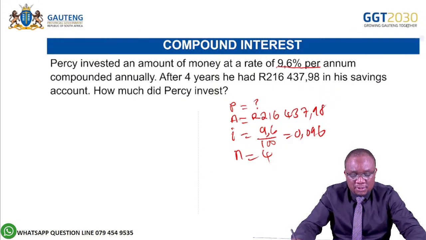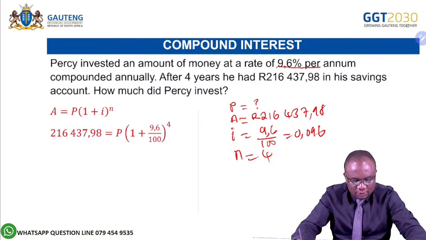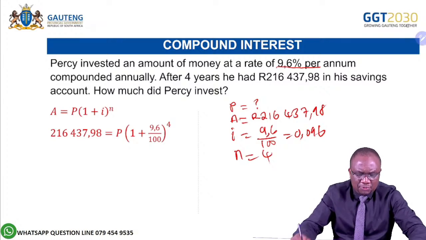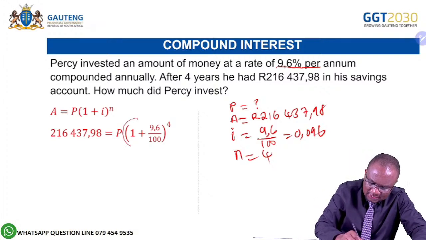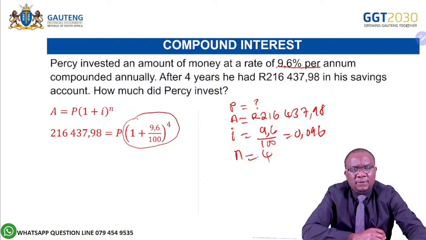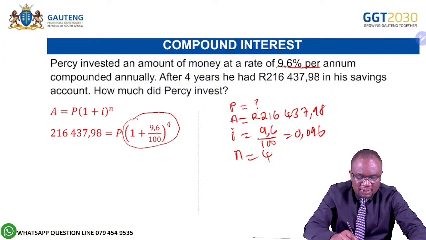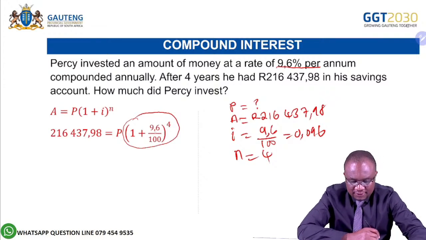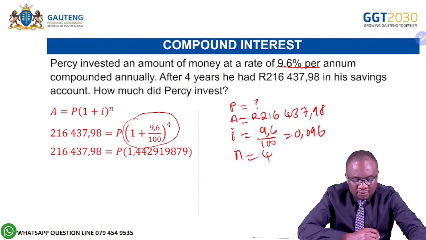Right, so we substitute into the formula what we have. We're looking for P. So what can we do? We can find this, put this whole thing in the calculator. And if we want to use the decimal, it should be 0.096. And then we must get 1.442919879.